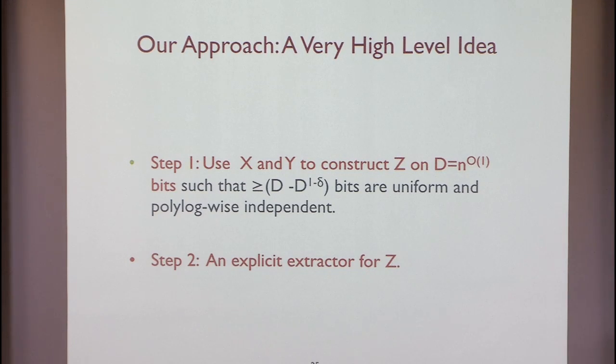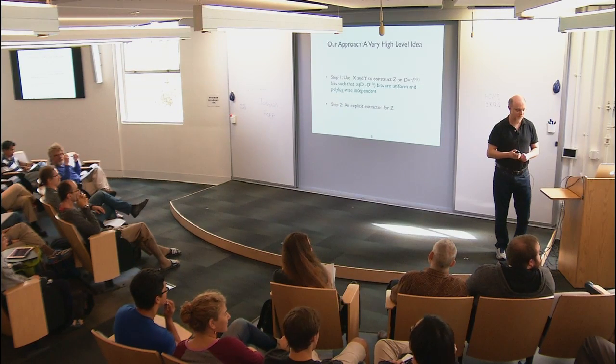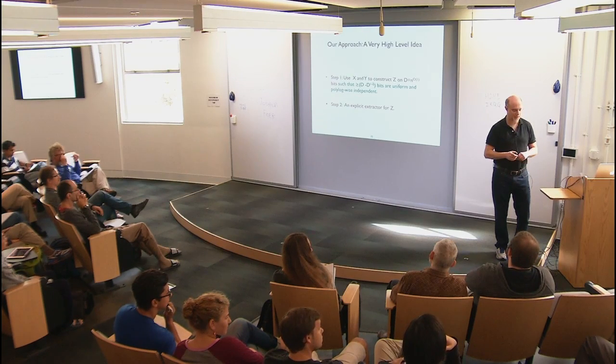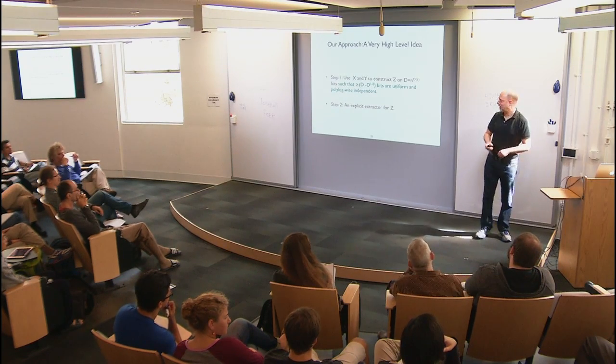So I'm a bit confused. You're using two sources to construct this z, but you said the problem before was that you had more than square root of d bad bits, right? And here you still have much more than square root of d bad bits, right? So what's the advantage of using the second source? Okay.